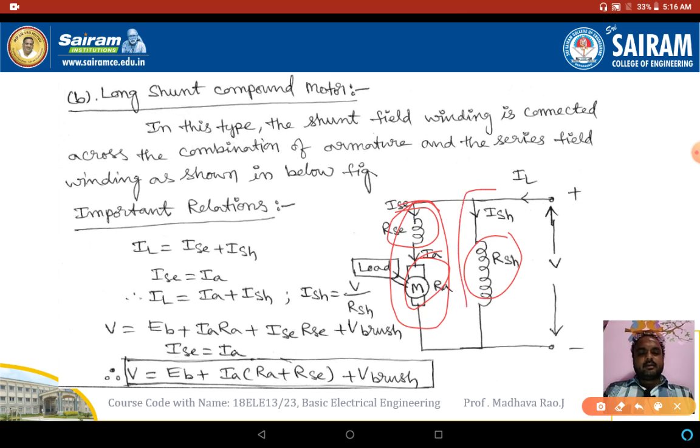This is a parallel connection. So the shunt field winding is parallel to both the series field winding and the armature winding.